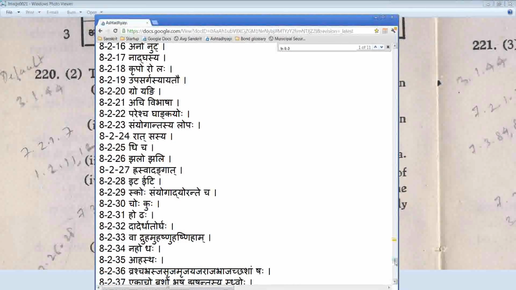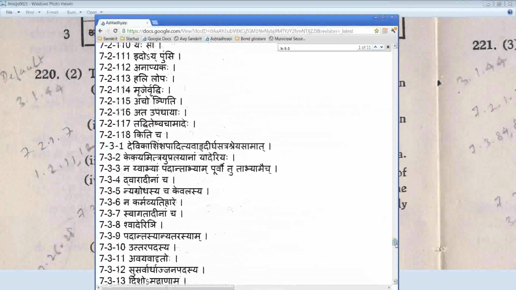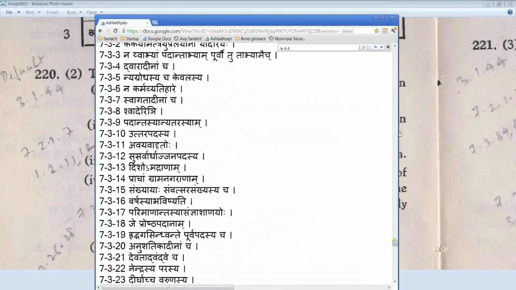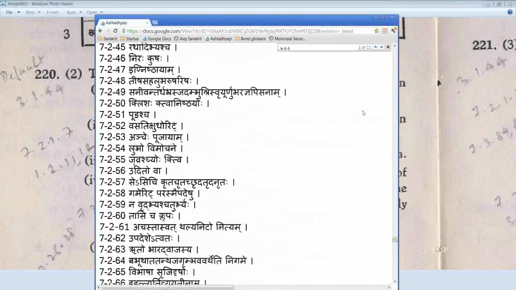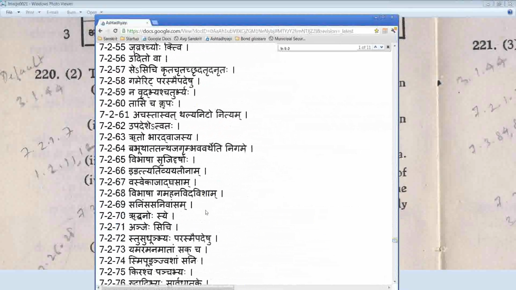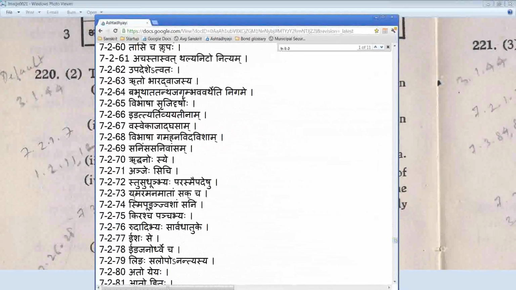That is going to prescribe a special operation for certain dhatus, for dhatus ending in akara. That's 7-2-73. It says yama rama namatam sakcha. So atam. So the sich takes an idagamaha and the angam takes a sak agamaha. So that's a special form.